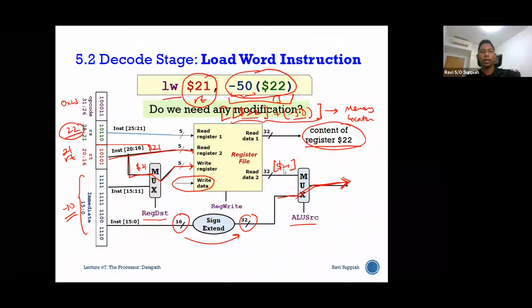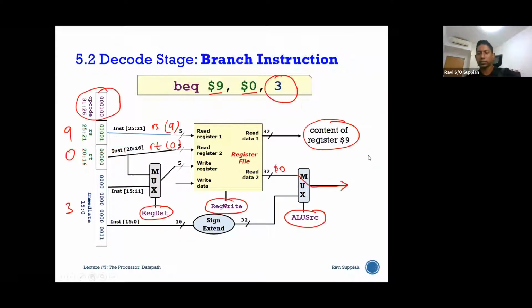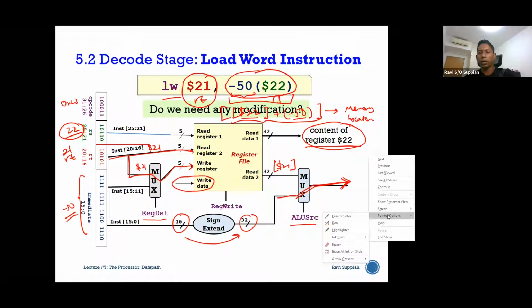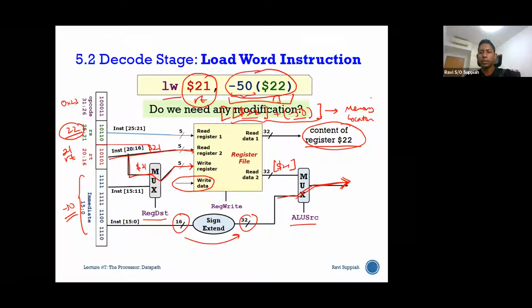Right now, for example, I want to draw a line here to say that this is the end of the decode stage. What comes out of the decode stage is just two sets of data, correct? One set of data is the content from register 22, and the other data is the immediate -50, which has already been extended to 32-bit.